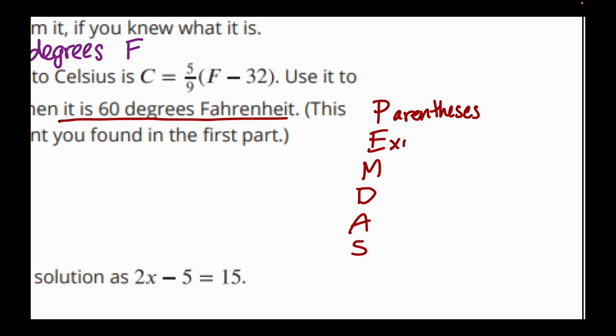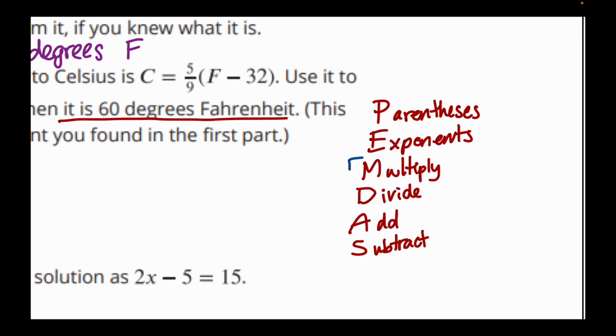E is exponents. M is multiply. D is divide. A is for add. And S is for subtract. But we do multiply and divide from left to right, and same with add and subtract from left to right.